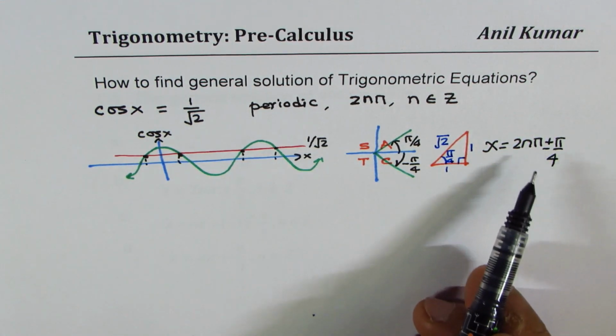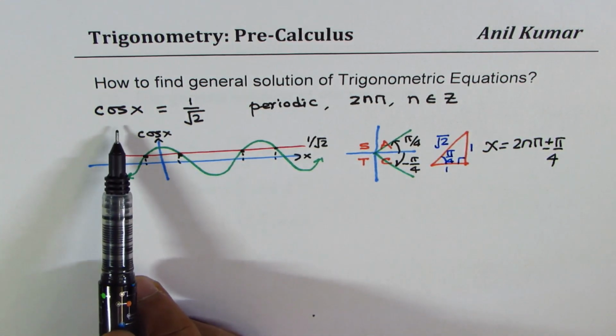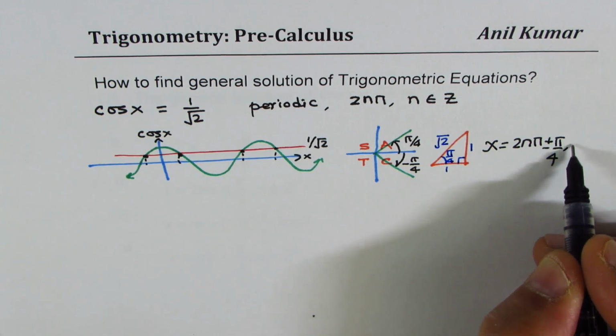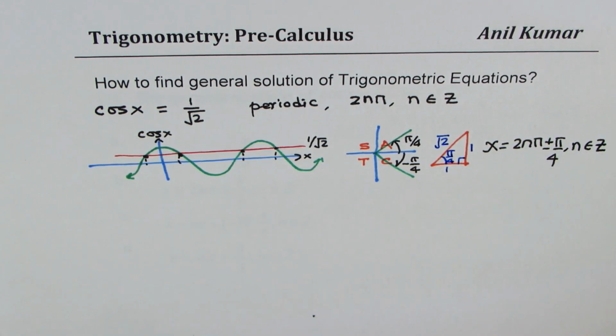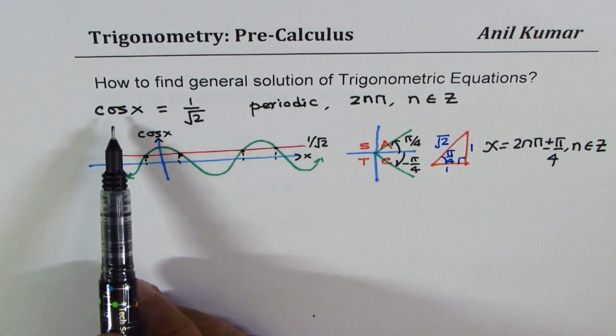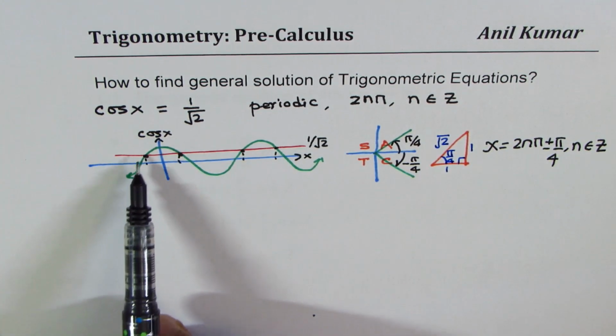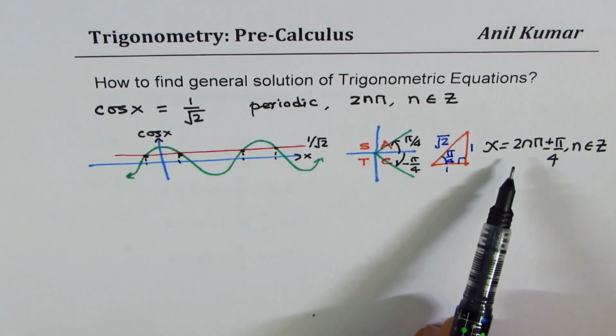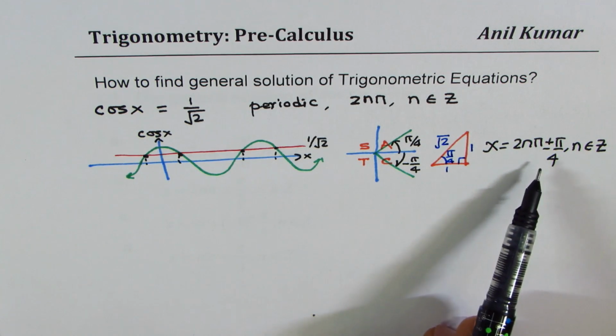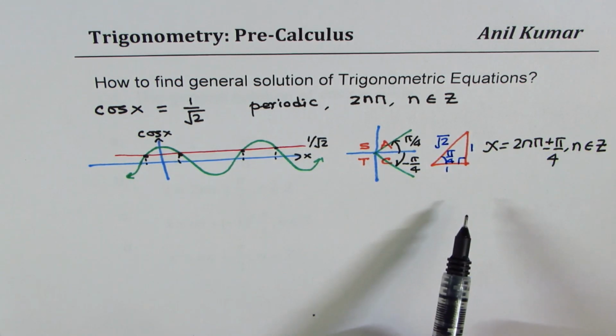Now it becomes a general solution for the given equation, right? Where n belongs to integers. Is that clear? So I hope you understand these periodic functions will have an infinite number of solutions, and those could be represented in this form. So for a cosine function, it could be kind of like this.